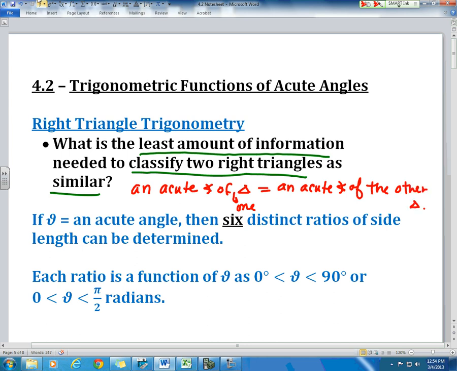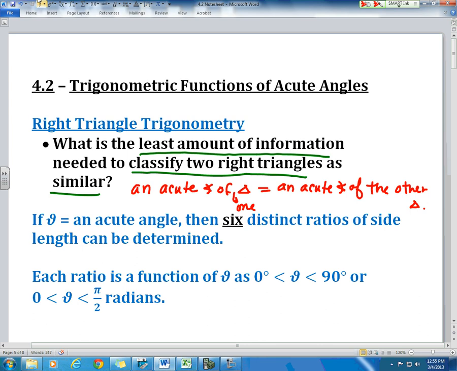So if we know that an acute angle of one triangle is equal to an acute angle of the other triangle, we can automatically assume that the two triangles are going to be similar. This may come into play a little bit later on as we go through this section, but it's a good thing to review from geometry at the least.